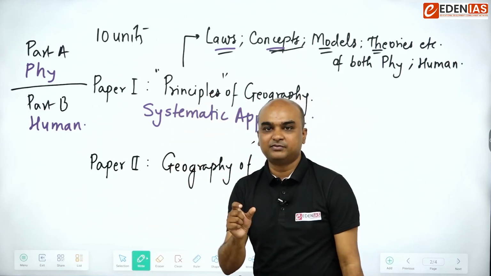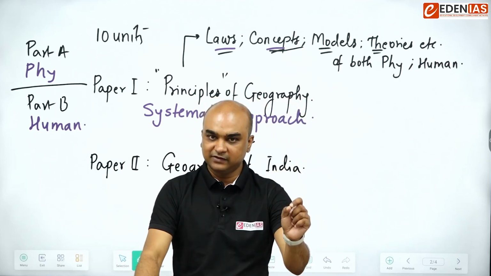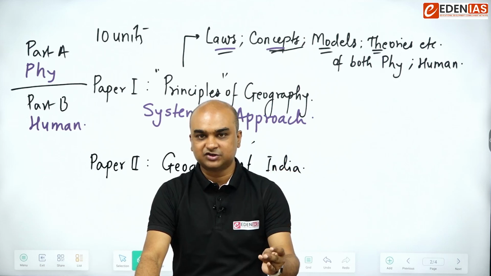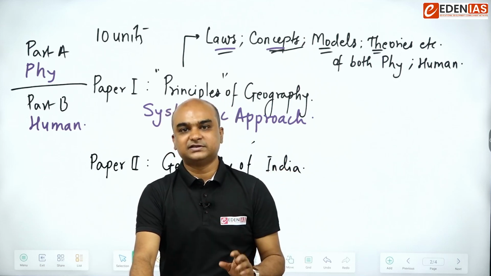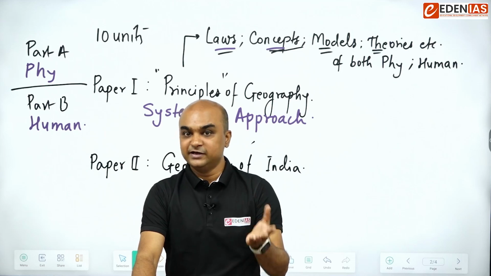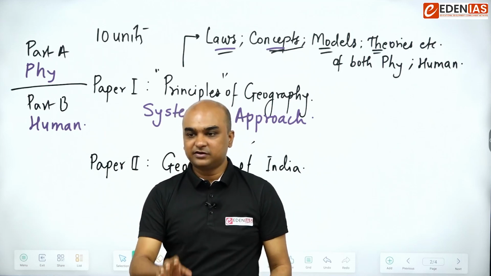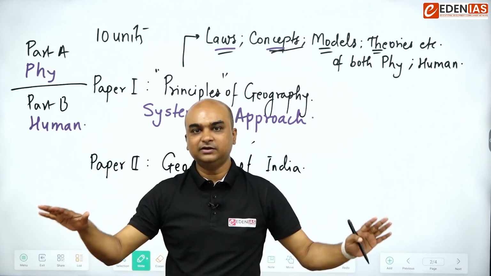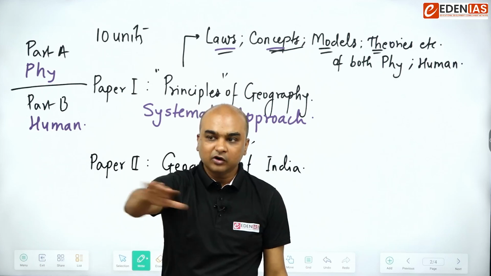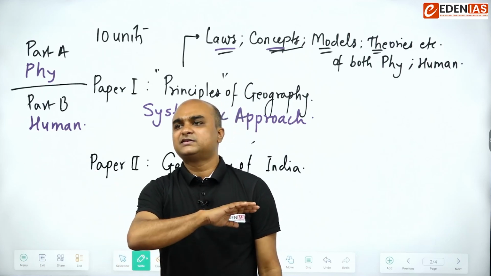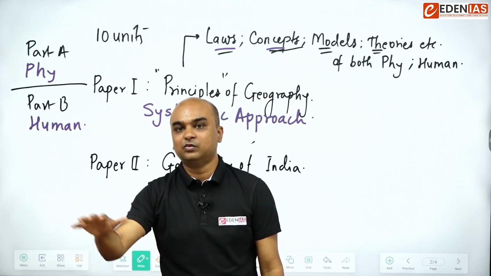In systematic approach, you take one geographical variable. वो कोई physical geographical variable हो सकता है जैसे rainfall, temperature या landforms. कोई human geography का भी variable हो सकता है जैसे population, agriculture, industries. It could be anything. But you take one variable at a time and you try to study the distribution, the evolution of that variable in the context of all the regions. It means, like say for example, distribution of iron and steel industries throughout the world.